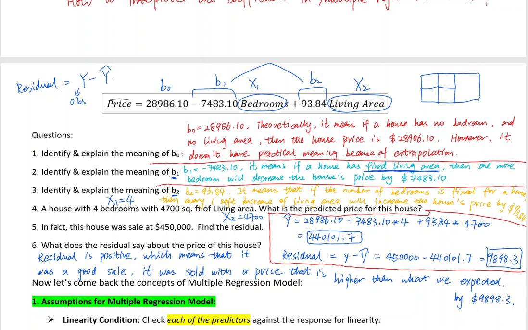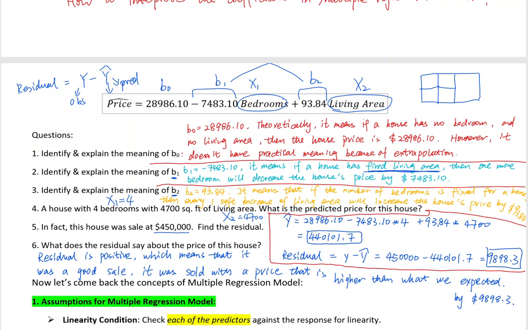And y hat is the predicted value based on this regression, right? So what is the residual for this house? It will be y minus y hat: the observed y, which is this much, minus the predicted y, which is this much, and then you have the residual, which is this much.